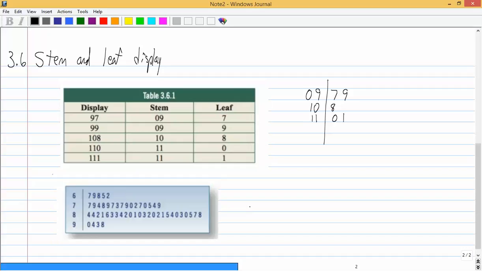And so this would stand for 67, 69, 68, 65, 62, 77, 79, 74, 78, and so on and so forth. This chart was pulled out of your book around page 88.